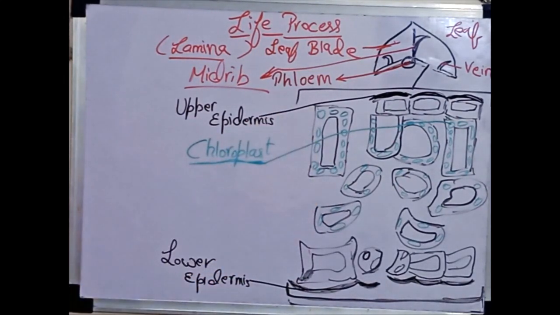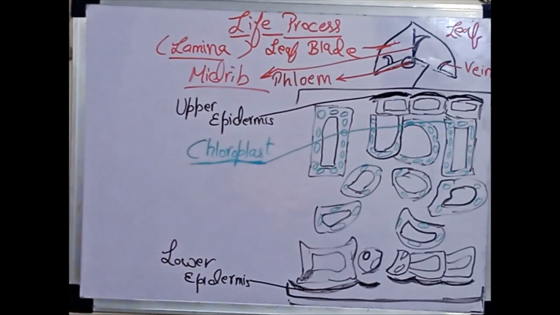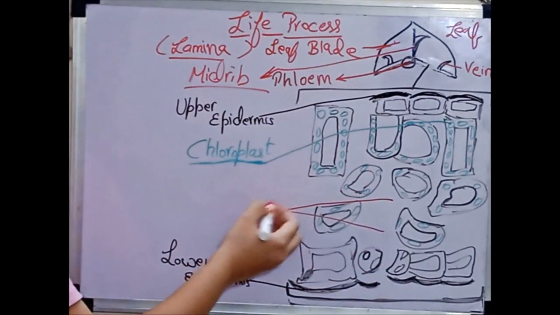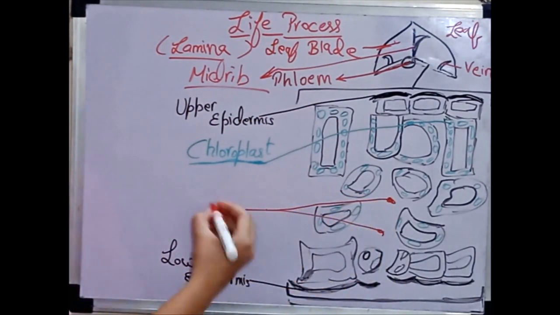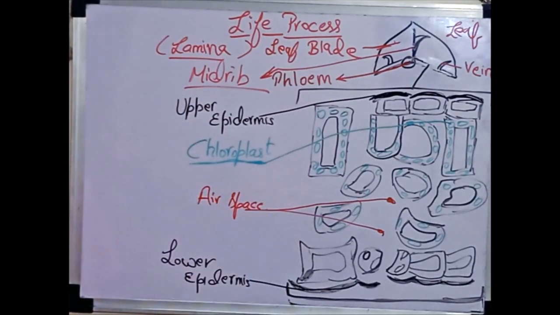That's why I have used this, because chloroplast is a green pigment that helps to absorb energy from the sunlight as we discussed in photosynthesis. So this is your chloroplast, this green pigment. After that, what is it? Air spaces. These are nothing but the air space. Air space is also necessary, isn't it? Air space is actually very necessary for us.